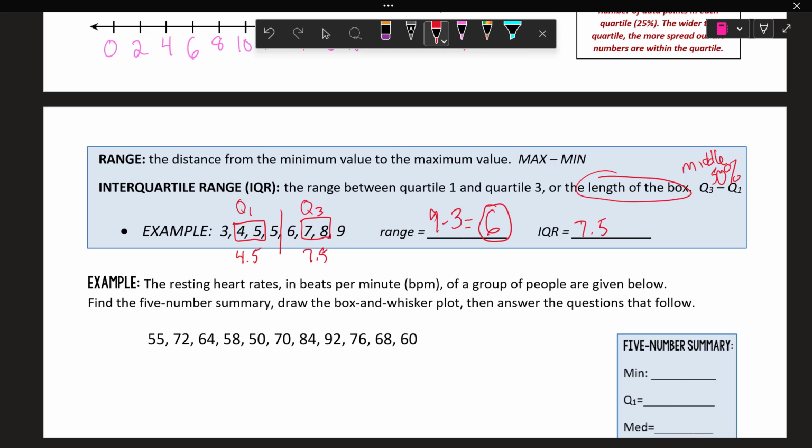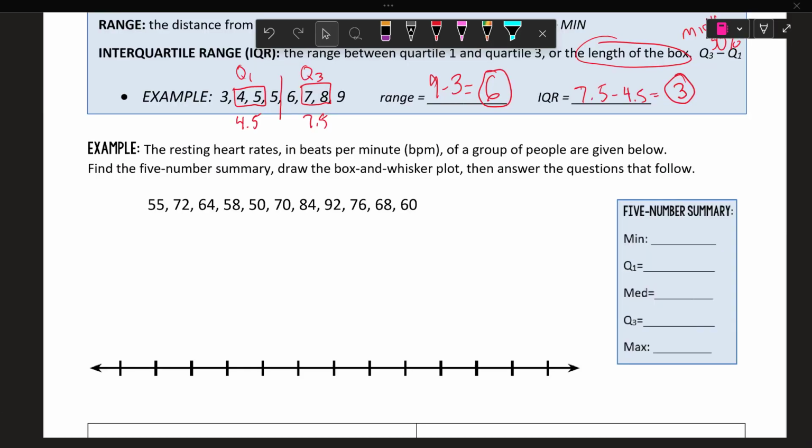So our IQR, or interquartile range, is 7.5 minus 4.5, or 3. So the total spread between the first and the last data point is 6. But if we just look at the middle 50%, it's 3 wide. So that's what we're doing when we're making these box and whisker plots.